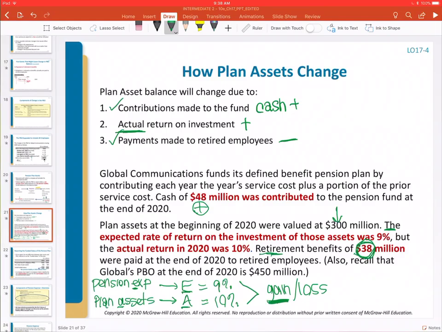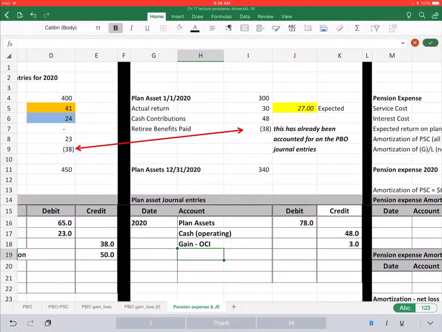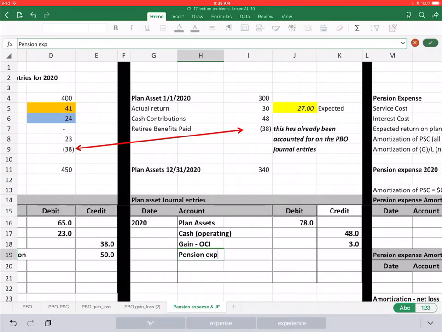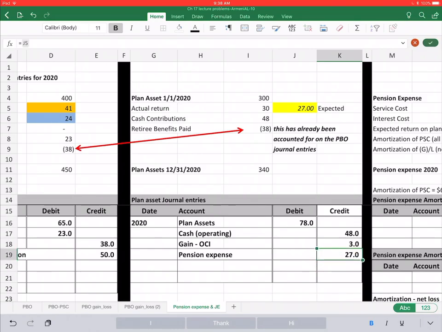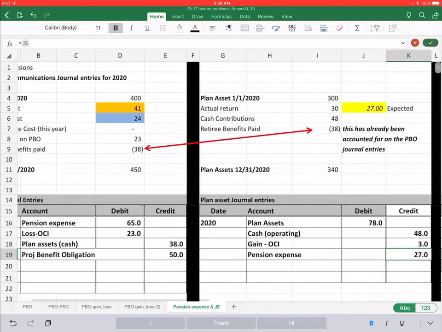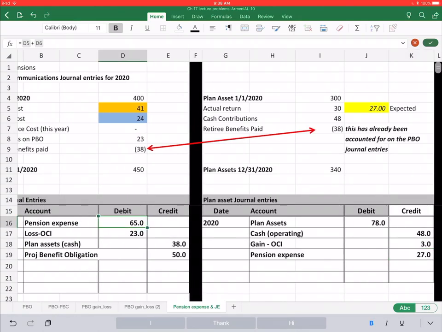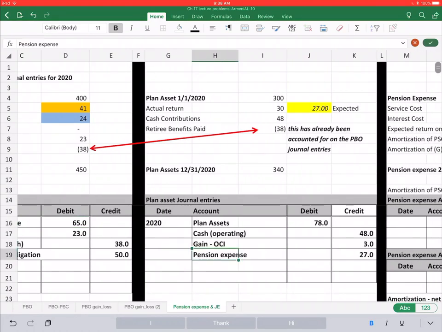And now this is the piece that's going to look a little bit weird. We typically say that we're never supposed to credit an expense, but we are crediting pension expense in this case because what we're saying here is that although we did have pension expense of $65 million related to this defined benefit plan, by earning a return on these plan asset funds, we are essentially decreasing the overall expense that our business has for these defined benefit plans.